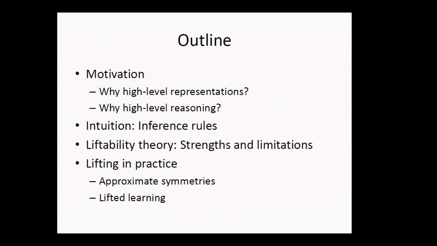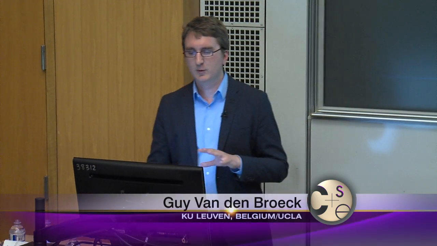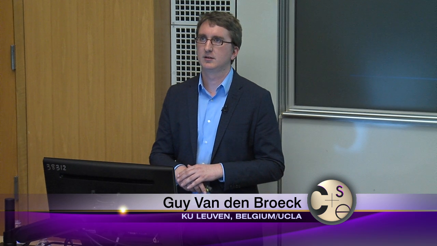After this motivation, I'll talk a little bit about what the algorithms do, how they work, what's the intuition behind them, and then I'll move on to some more theoretical understanding. So what are the strengths and the limitations of these algorithms? And then finally, I'll quickly mention some work that's more practical, that's trying to apply all of these ideas in practice in terms of approximate symmetries and also lifted learning.